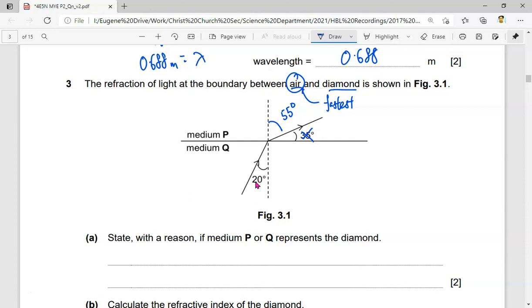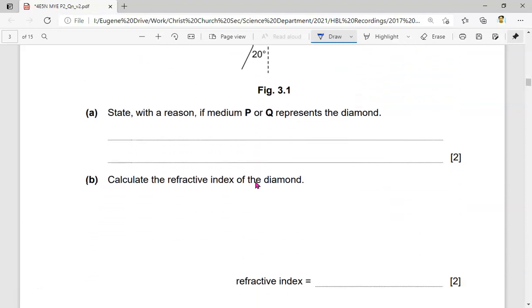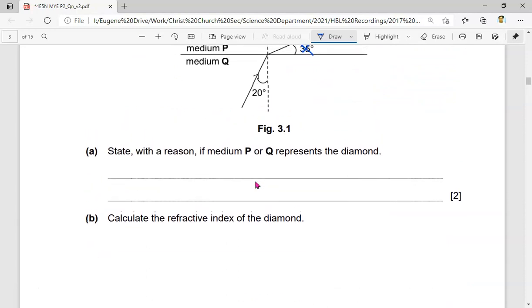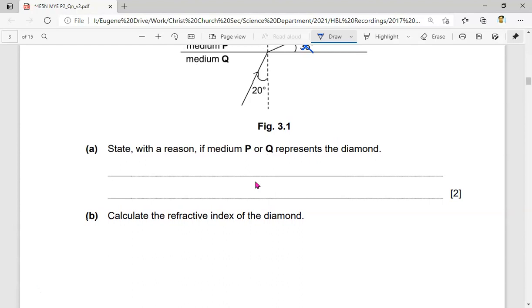So light travels fastest in air, hence it will be slower in diamond. If it's slower, it means diamond is considered an optically denser medium. So the answer would be Q represents diamond.